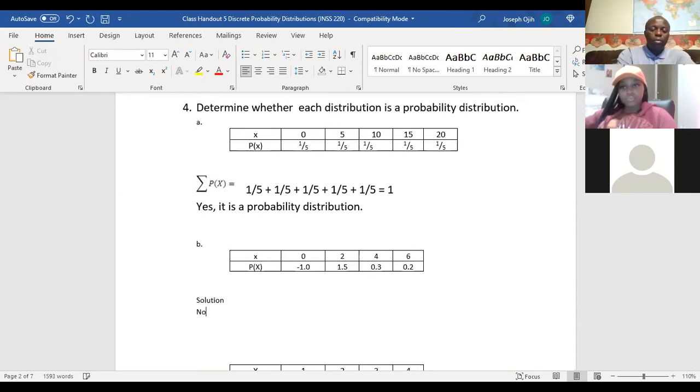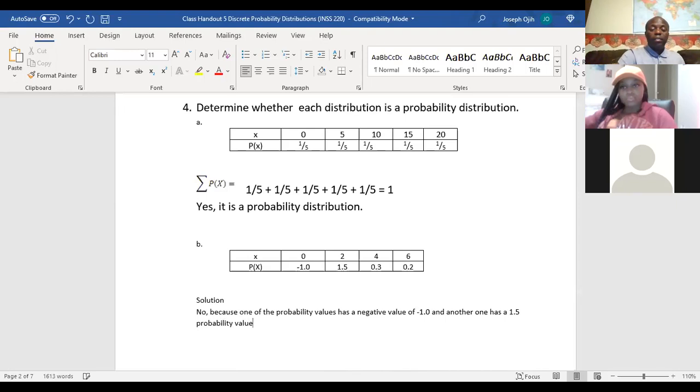So the answer is no, because one of the probability values has a negative value of -1.0, and another one has a 1.5 probability value, which is bigger than 1.